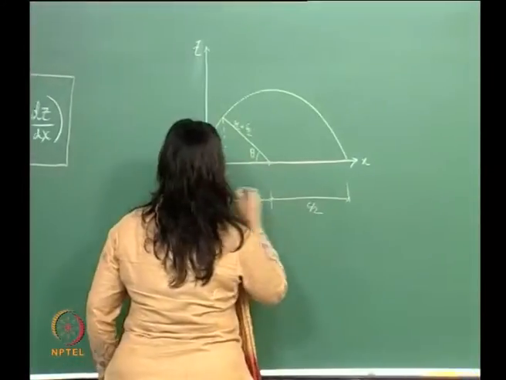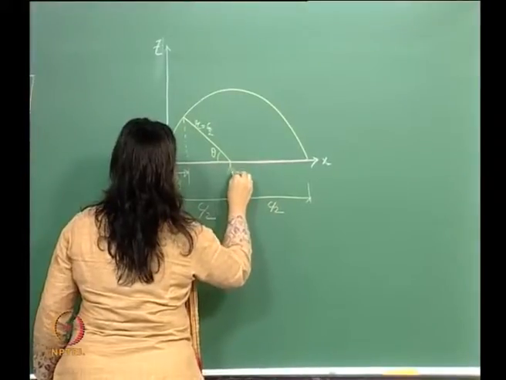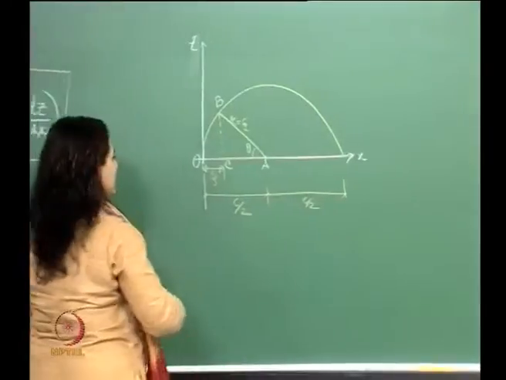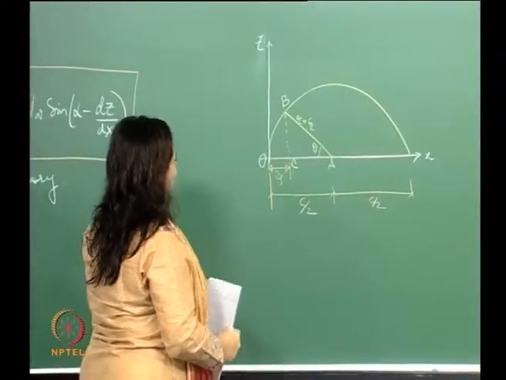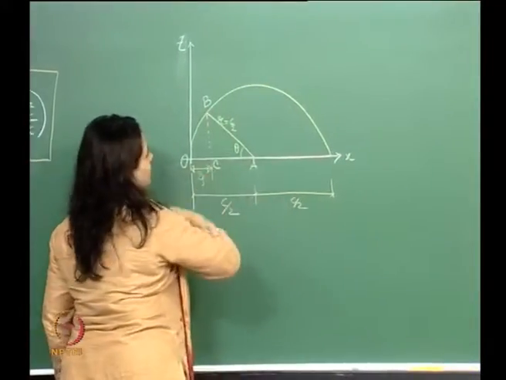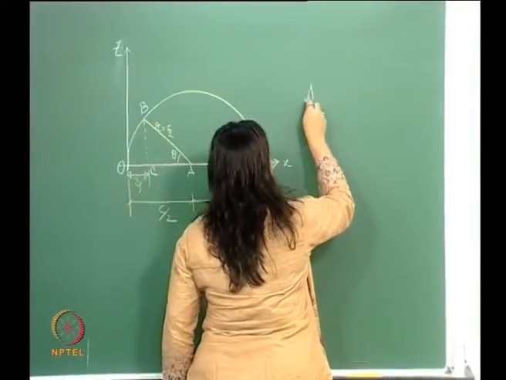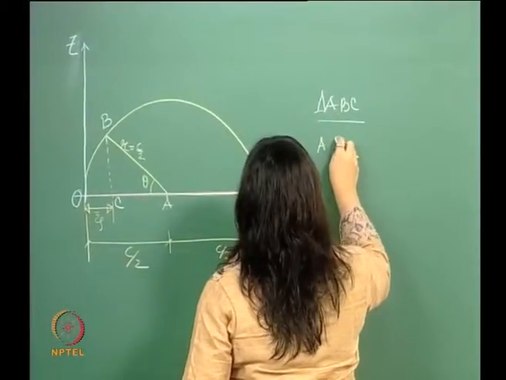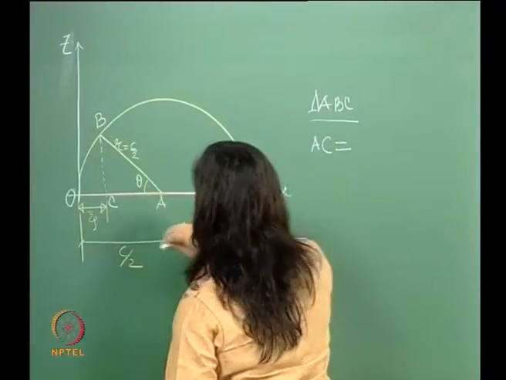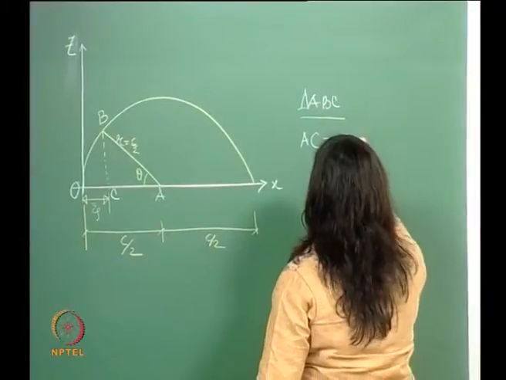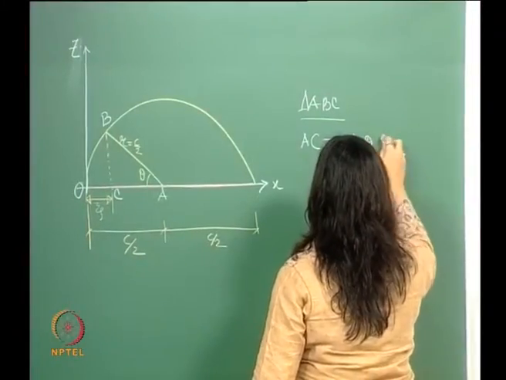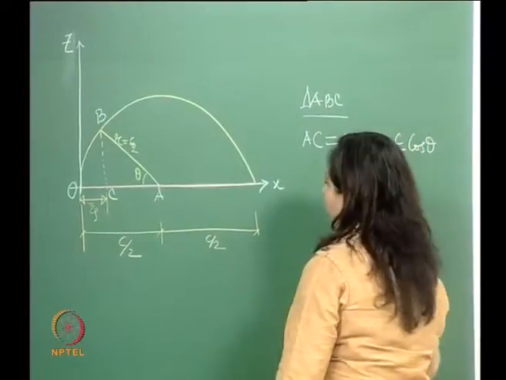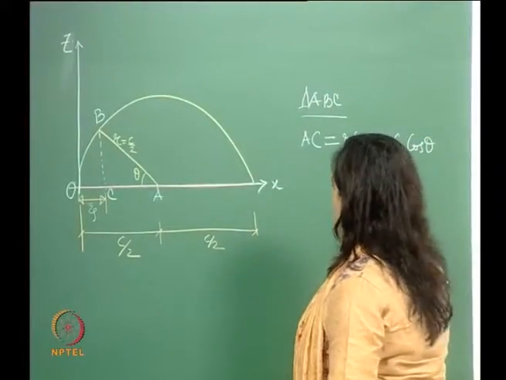From here we can see, let us say this is C. If you take this triangle ABC, AC is r cos theta, which is c by 2 cos theta.